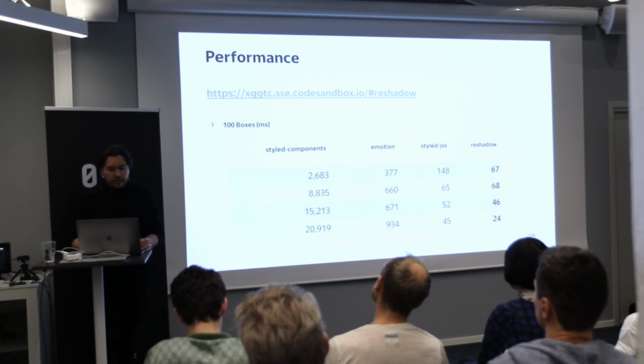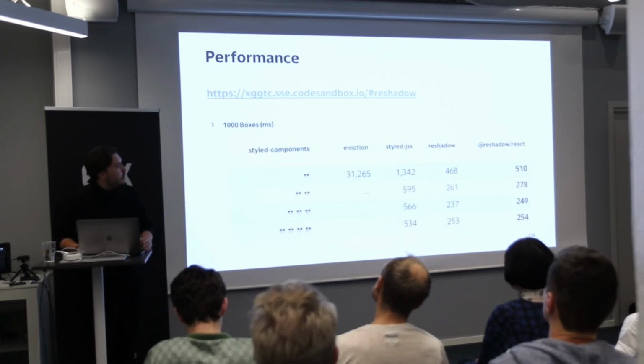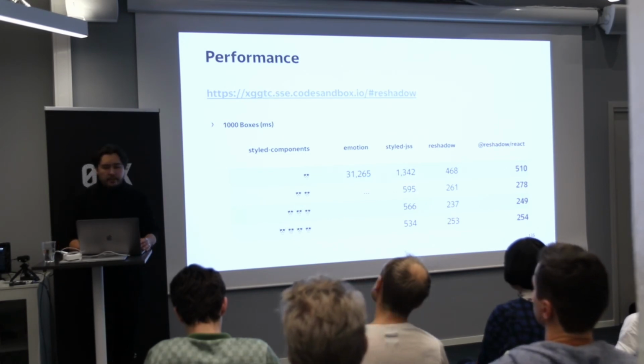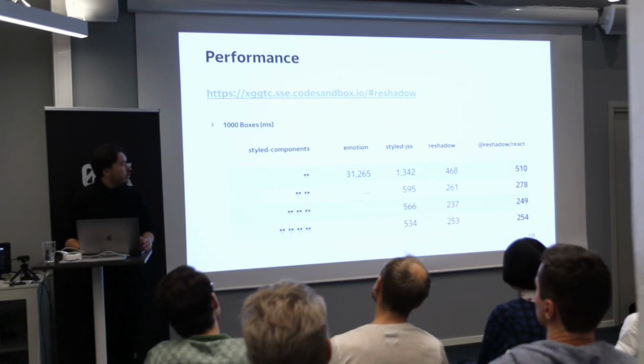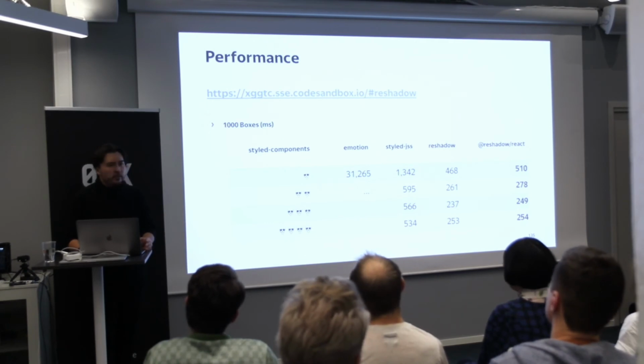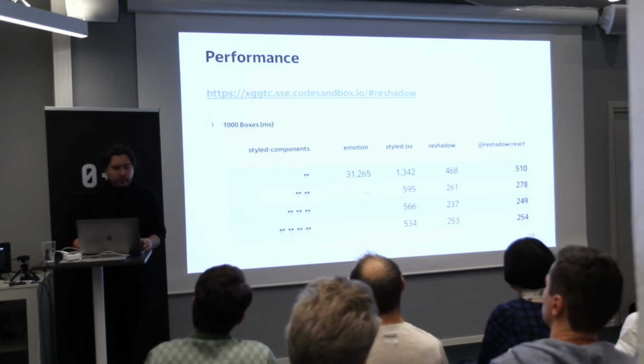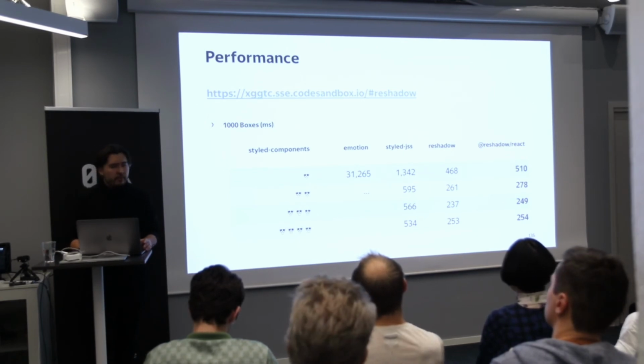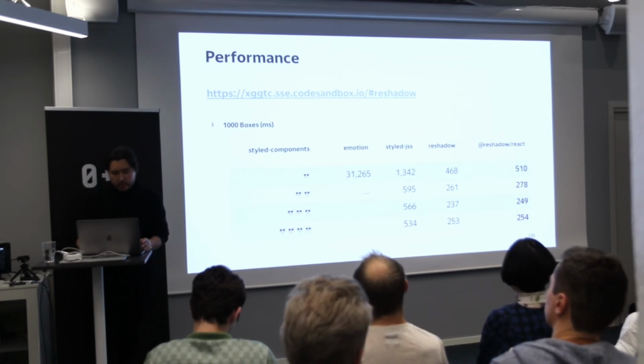There is also a package, Reshadow React, so it doesn't even need Babel to compile your code. So you can just import Reshadow React, write your styles, and those styles will be compiled on the client side, but it will still be much more performant than, for example, Emotion or styled-components.